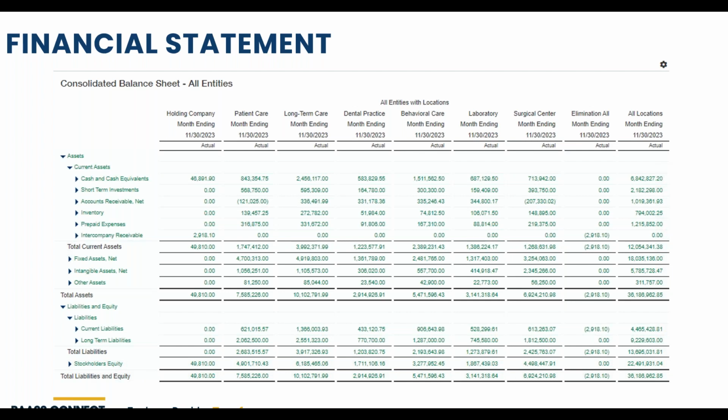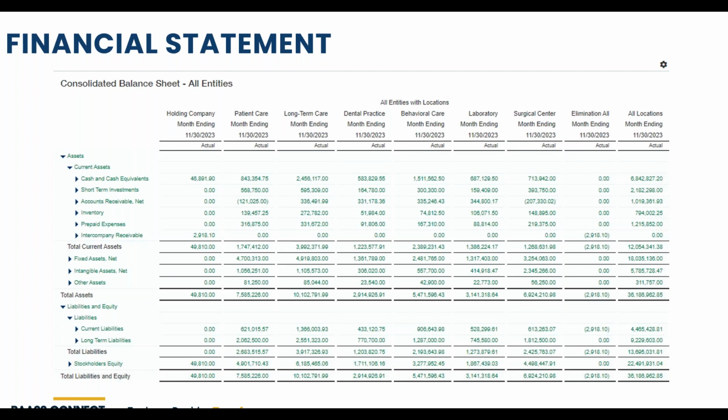Half an hour doesn't really do justice, but hopefully our short time together, going through the key points of historical versus what Sage Intacct GL is capable of delivering, and examples of financial statements, made you say, you know what, I didn't think these were possible.